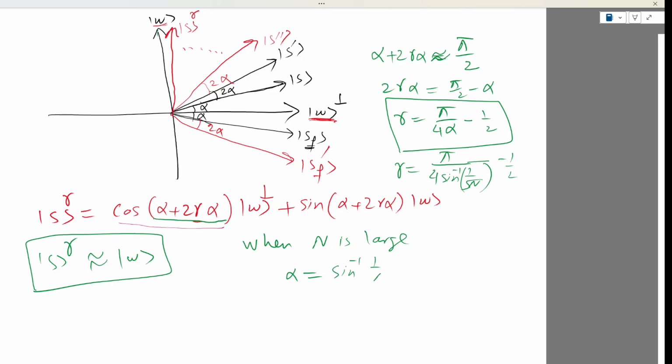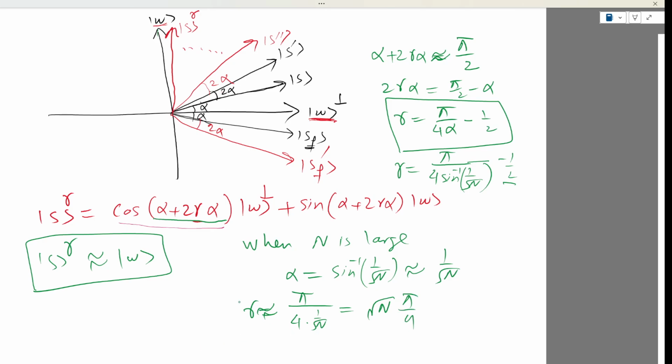So sine inverse of 1 over square root of n, and when this n is large, it's going to be approximated with just 1 over square root of n, and in that case R would become π/4 times 1 over this, and I can forget this half in this case, so this would be square root of n times π/4.